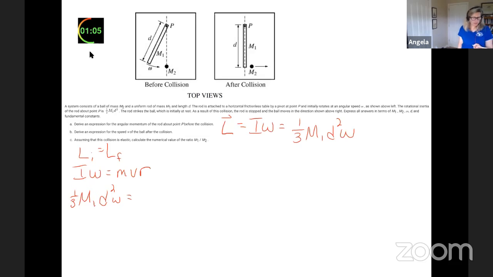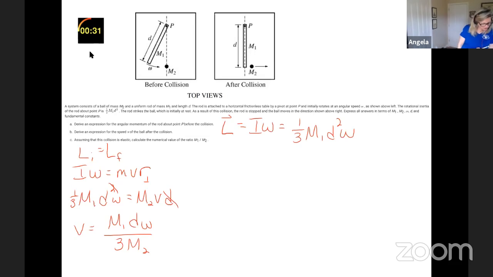That's the initial angular momentum of the rod. The final angular momentum should be m2 v times r. It's really r perpendicular, so let's put a little perpendicular sign there. The perpendicular distance is d. We're looking for v, so we'll cancel one of these d's. So v would be m1 d omega over 3 m2. Hopefully I did that right. Okay, great.